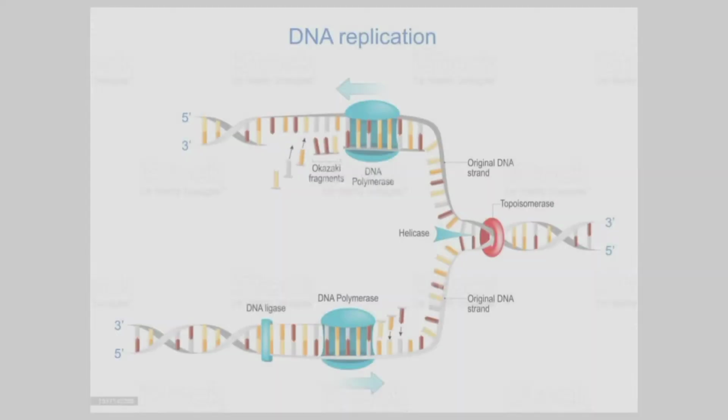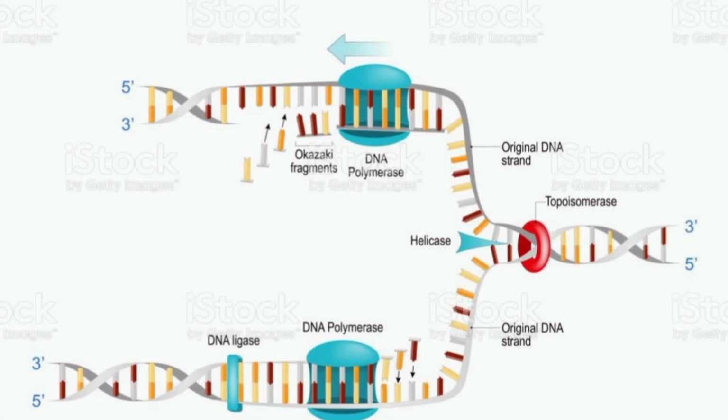DNA polymerase cannot start working without primase guiding, so the primase puts a little bit of RNA primer on the DNA strand so the polymerase can start building the new strand. But we have a little problem. As we said, DNA polymerase has one way of thinking and it can only build from 5 to 3. So what's the solution? And we have another DNA strand that starts from 3 to 5.